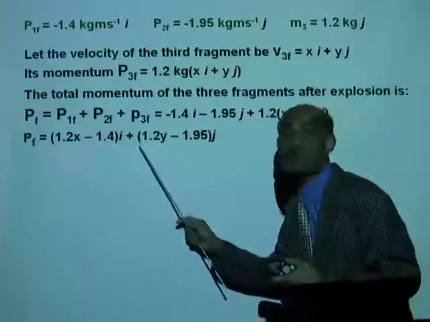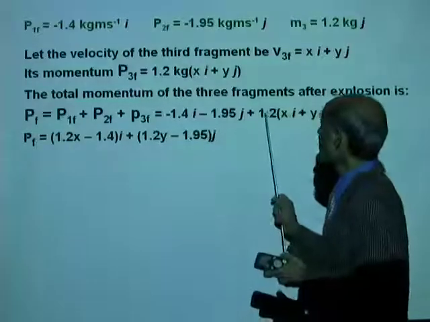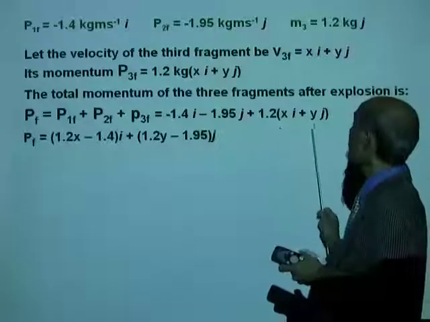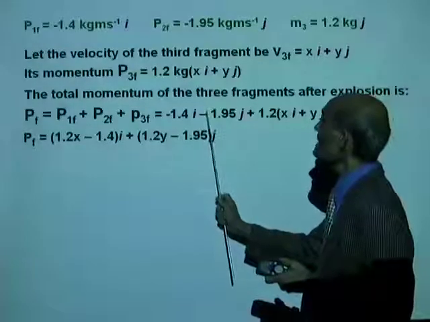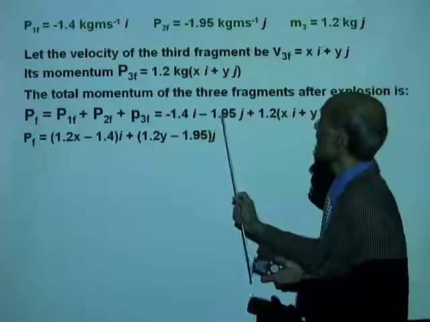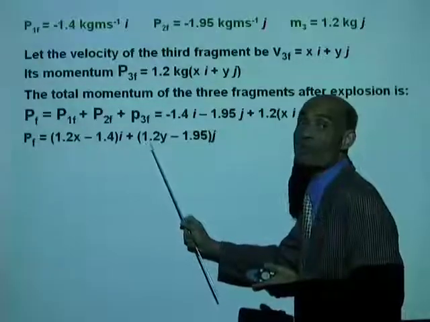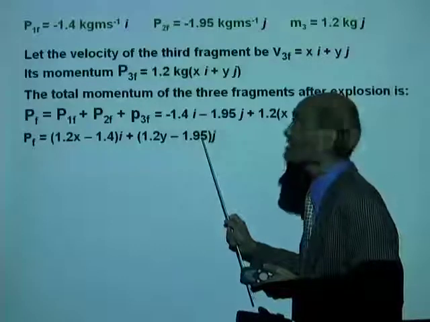And what is the y momentum of the three fragments after explosion? The y momentum of the third fragment is 1.2yj, and the momentum of the second object is negative 1.95 j. Add those two together, that will give me the y momentum of the three fragments after explosion.